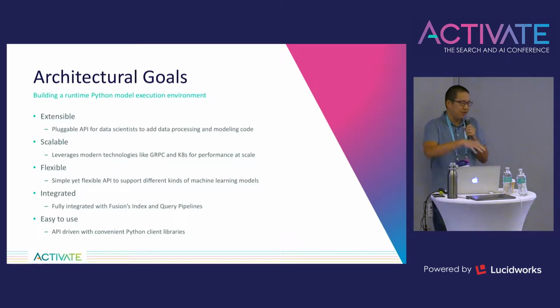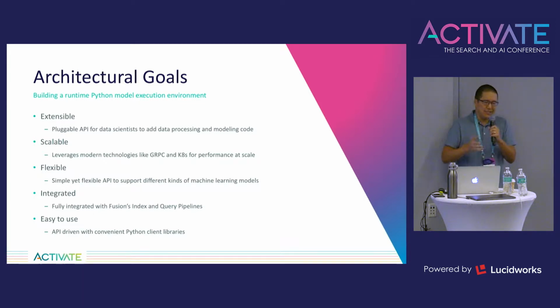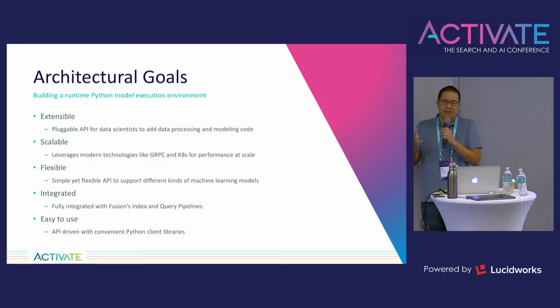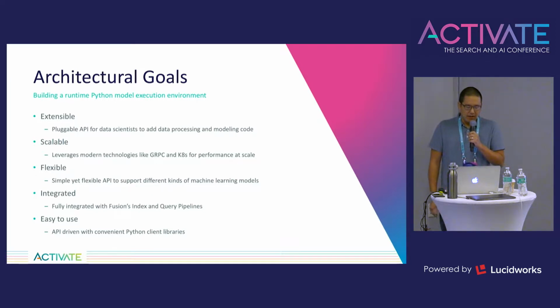But you'll have another model that takes in a bunch of different numeric fields and spits out a vector of numbers. Depending on what kind of machine learning task you're trying to complete, these inputs and outputs are going to differ, but I think we offer a pretty simple way of accommodating all these various inputs and outputs.